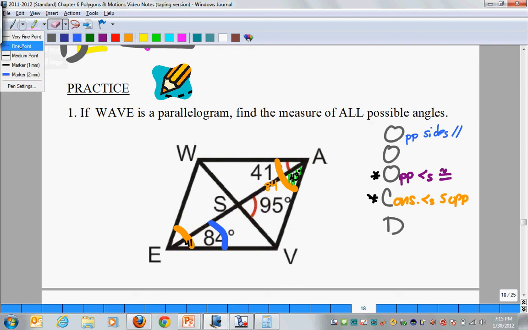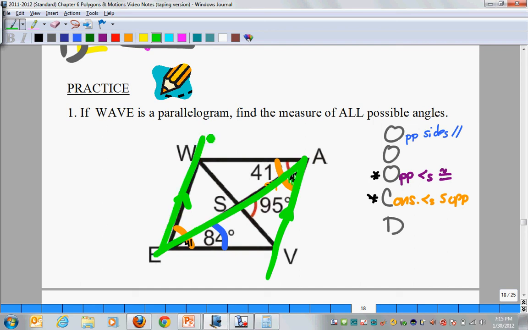We also have armpits of the Z going this way because these sides are also parallel. So we can go like this, which means right here, if this was 43, this angle right here must be 43.